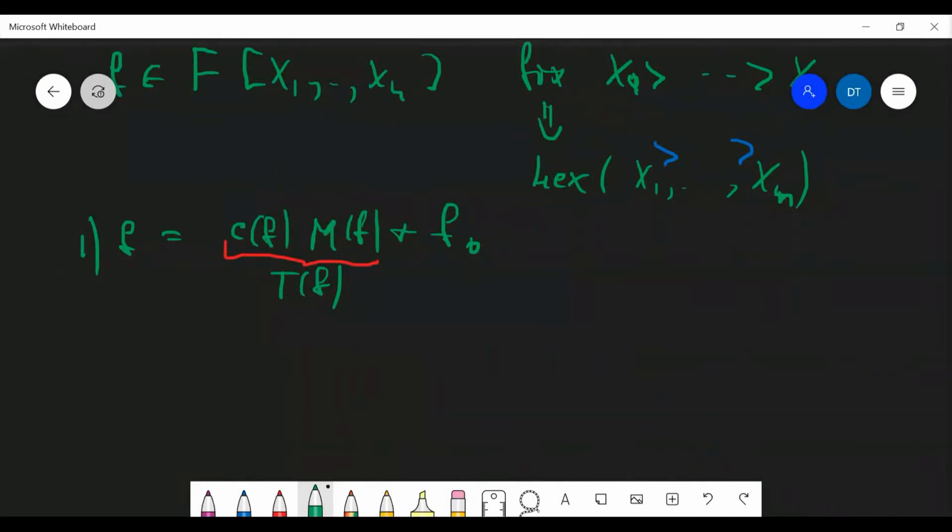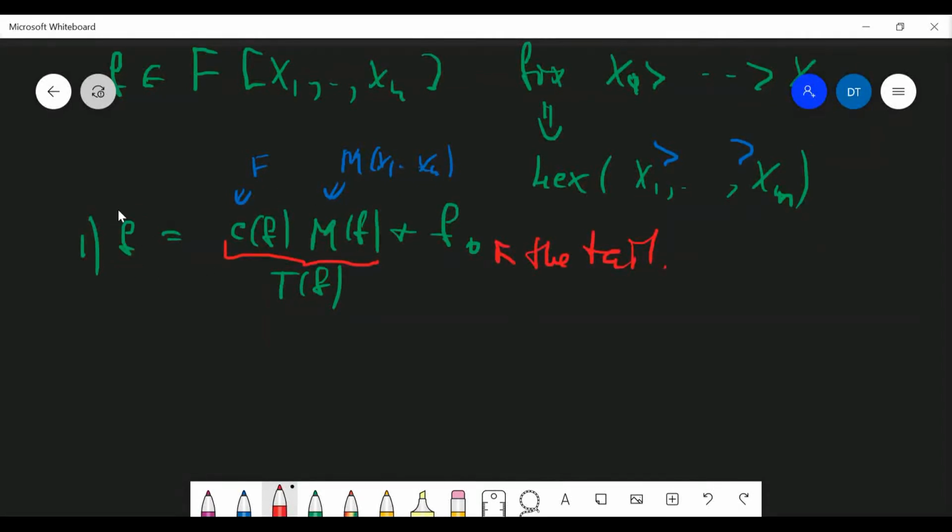Just in case, this is a coefficient, this is a monomial, and t of f is just the product of a coefficient and a monomial. And this part is called the tail. What is important is that all the monomials inside the tail are strictly smaller than the leading monomial.